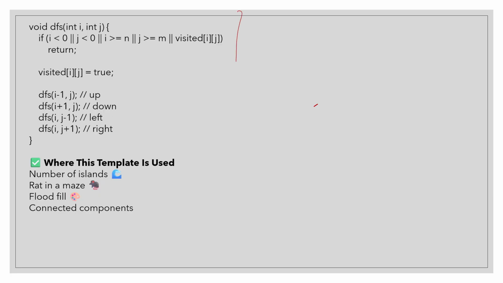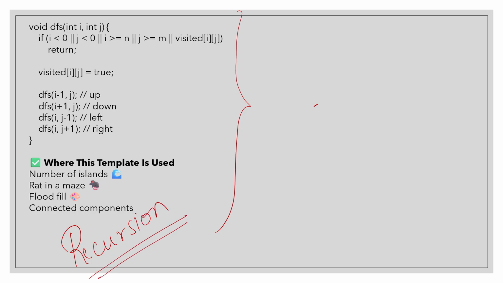Now this concept is what I was talking about, recursion, where it was a non-recursive solution. There you had to use a stack, but here you can use this approach.